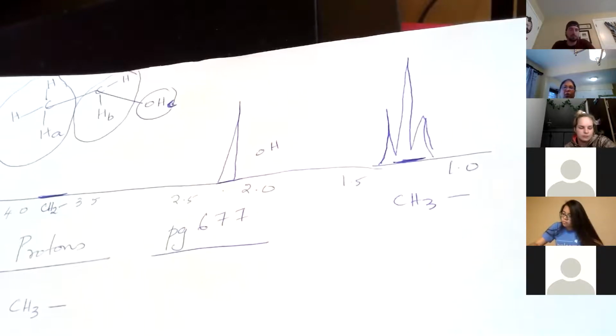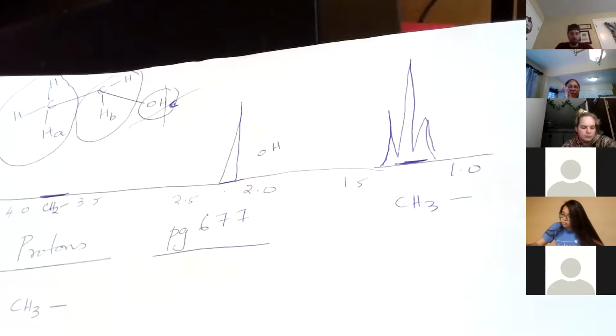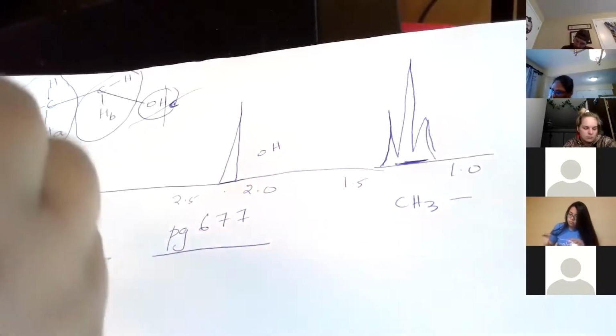Would you count the OH? Do not count the OH, because the OH is unique. He doesn't get affected by anybody else, and anybody near him is not going to be affected by the OH group because he's never home. So the CH2 should be a quartet.